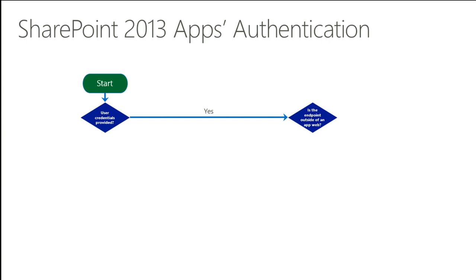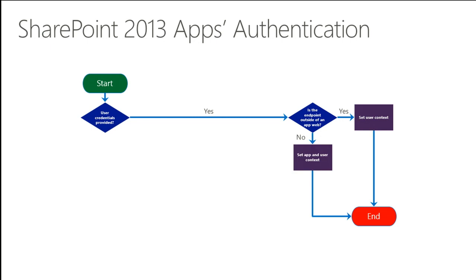Well, if it is outside an app web, we have an HTTP or HTTPS request with a SAML token in it outside the endpoint of an app web. So this will be a user request with a user context only. On the contrary, if we have a request with a SAML token targeting an endpoint of an app web, this is the internal authentication, and we will have a context with the app and the user context.